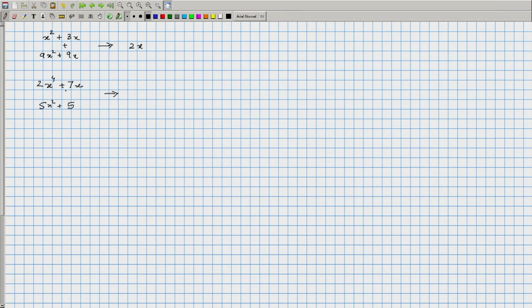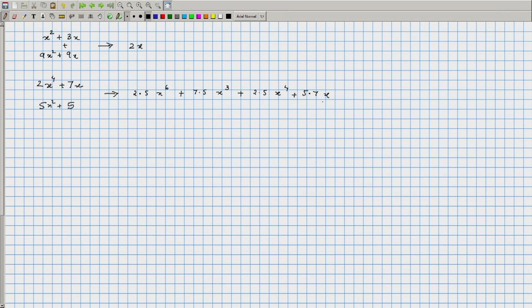Okay. So, suppose you had polynomials 2x raised to 4 plus 7x and 5x square plus 5. If you multiply them out, the answer would be 2 into 5 x raised to 6 plus 7 into 5 x cube plus 2 into 5 x raised to 4 plus 5 into 7 x.